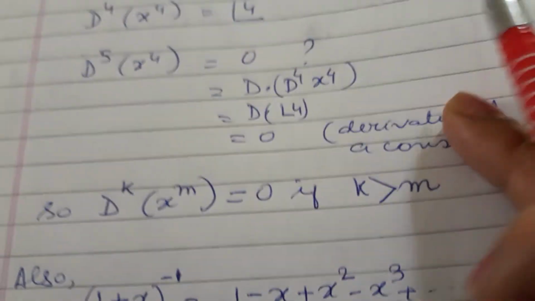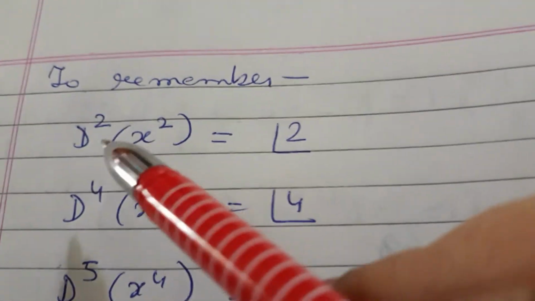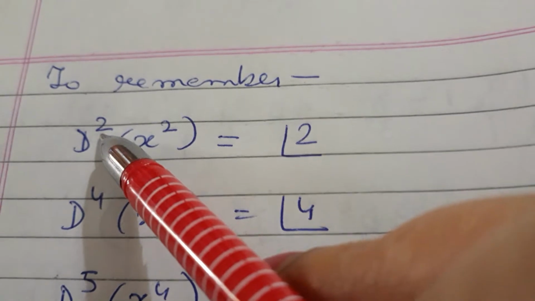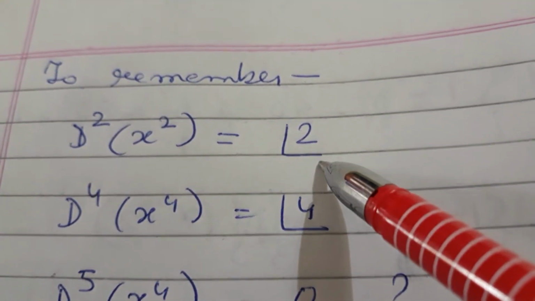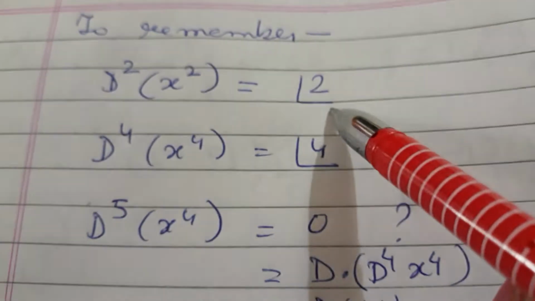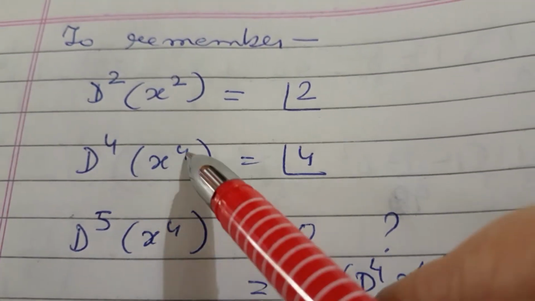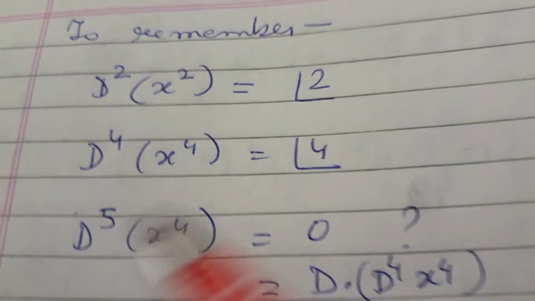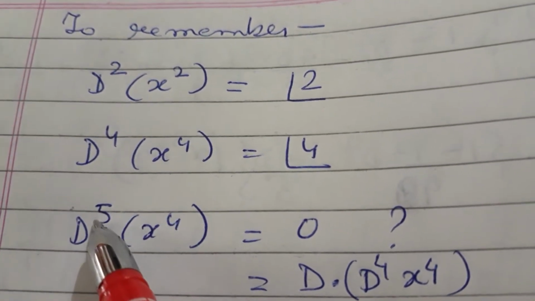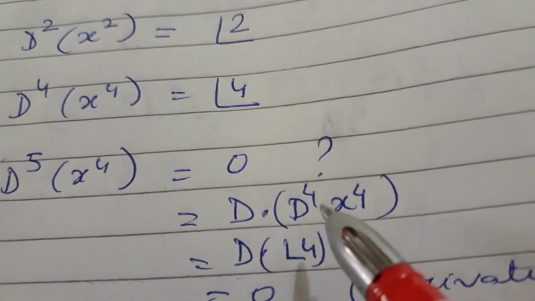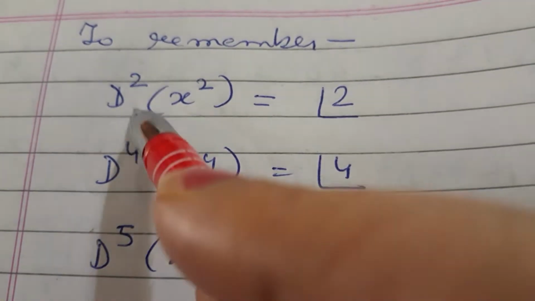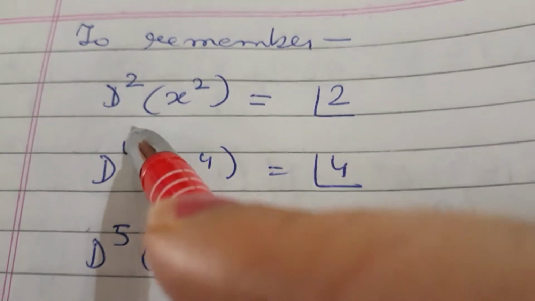Also, you do remember that if you operate D squared on x squared, that is factorial 2. You have done it in your previous semester, right? Successive differentiation. If you operate D to the power 4 on x to the power 4, it is factorial 4. Now if you once again operate D, the fifth time, that means you are operating on this term once again. Operating means you're taking the derivative.